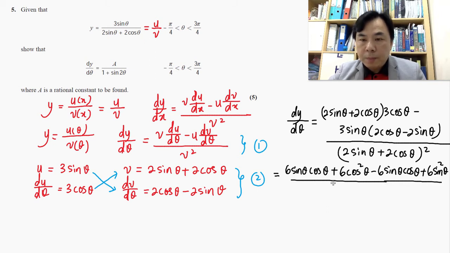We have now the denominator itself, and usually I prefer to factorize it out. So if I factorize that, I'm going to take out 2 here, which will give me a 4.